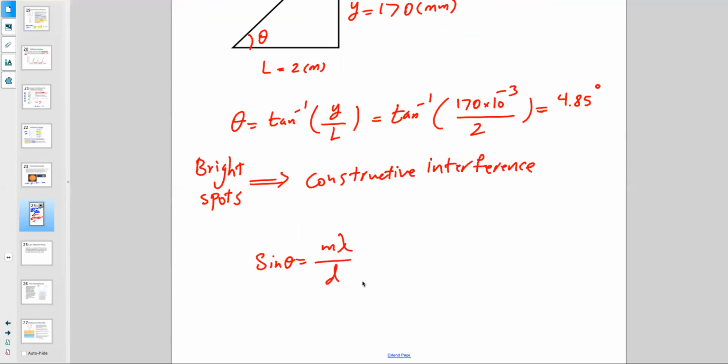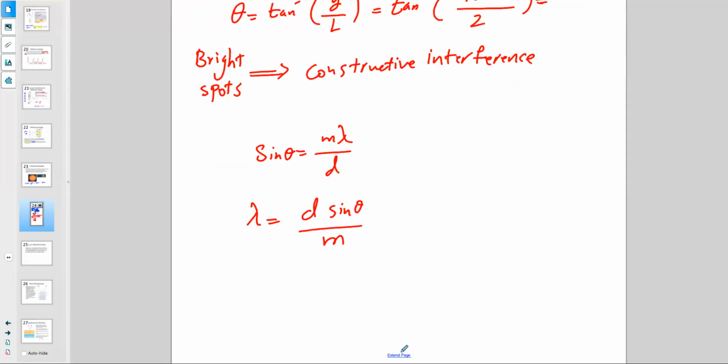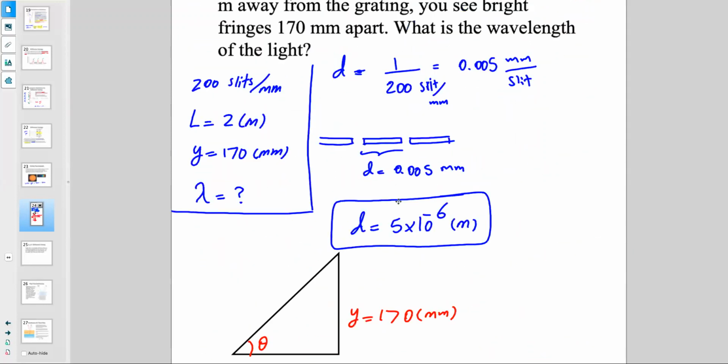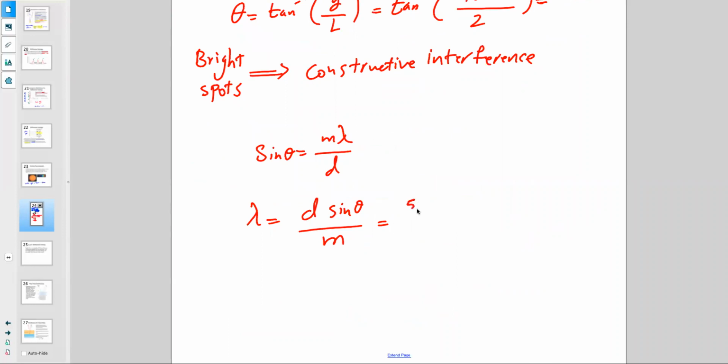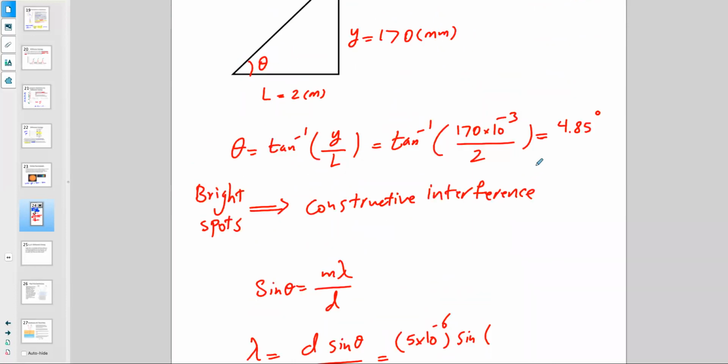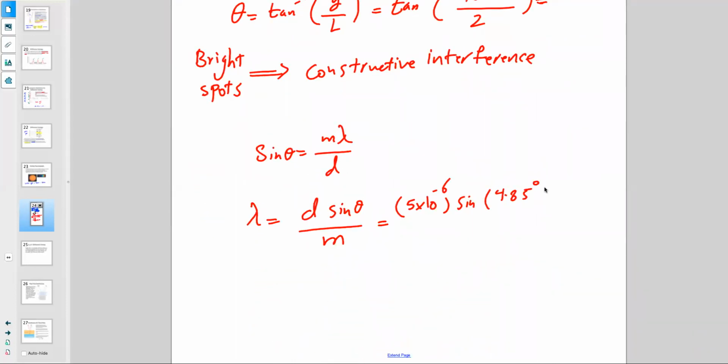So lambda is d sine theta over m, where d is the distance we already have, 5 times 10 to the -6, and theta is 4.85 degrees. And m goes 0, 1, 2, 3, and so on.